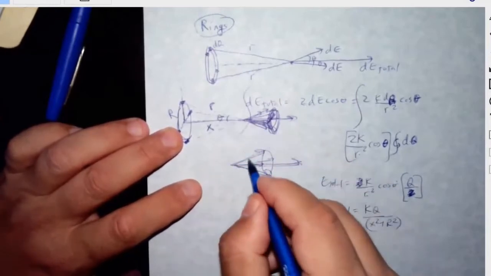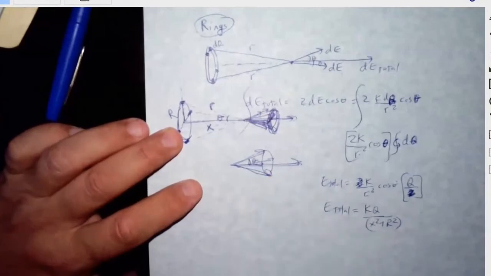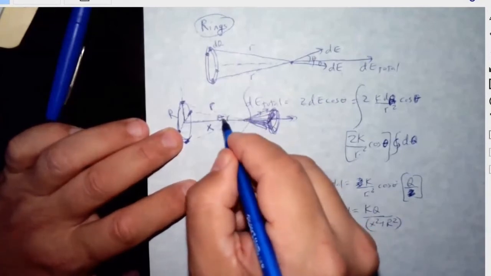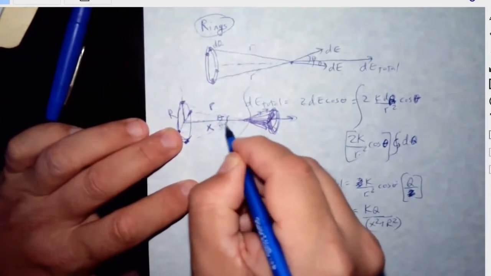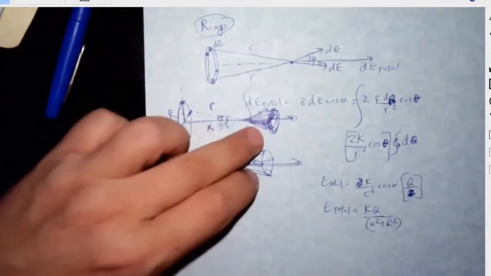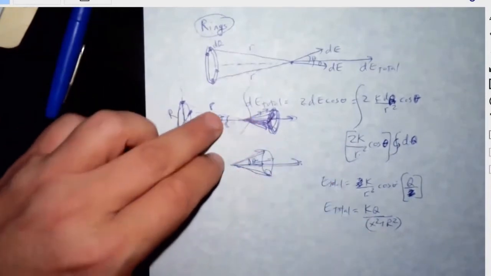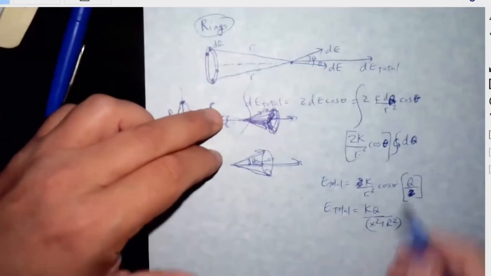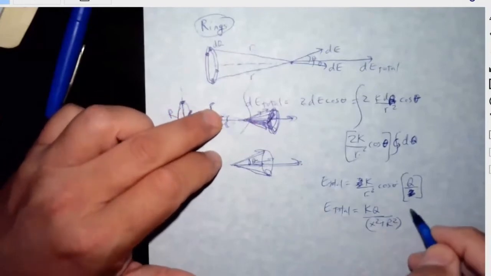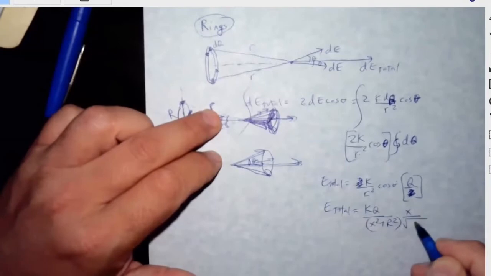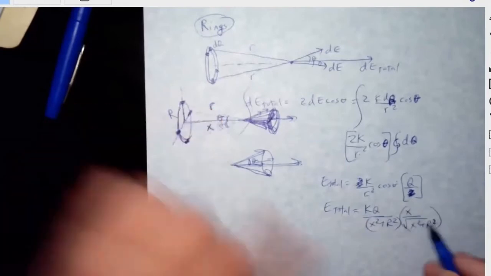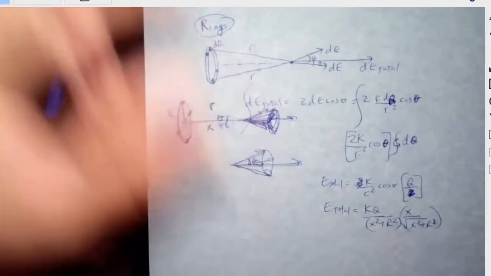You see, the theta of the electric field is the same as the theta that this is making. So cosine theta is just simply X over another r, but this time it's the radical of that. So X over the radical. We've seen that before where we get a 3/2 power, right?